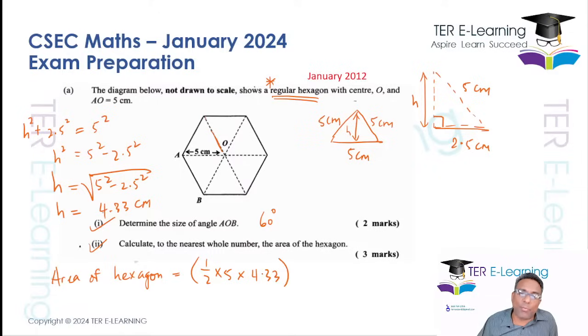Right? So that's the area of one triangle. And then you're multiplying that by 6. And I'm getting 64.95. Right? So that's the area of this hexagon here.